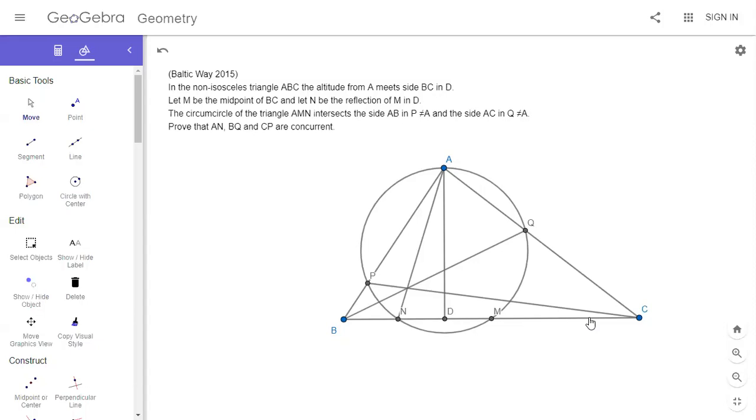Does anyone have any ideas other than Ceva? To me, Ceva seems like the most intuitive idea, but maybe there's another way. I think Ceva and power of a point, to prove Ceva's theorem.